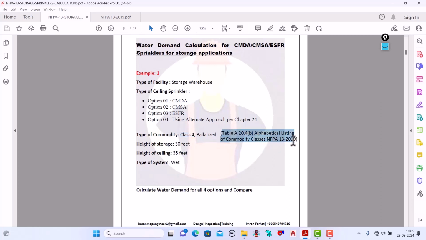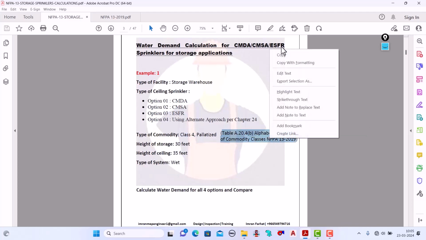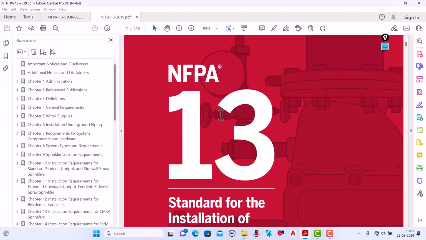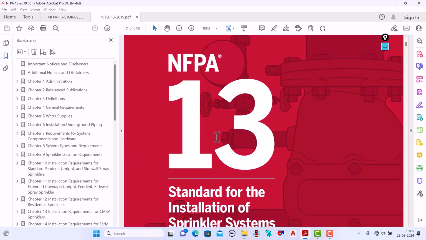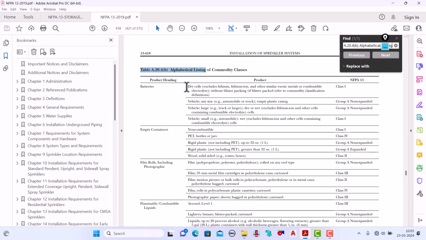Just copy this one, I'll show you here. This is the NFPA 13 2019 edition. We will see this table of commodity classes.